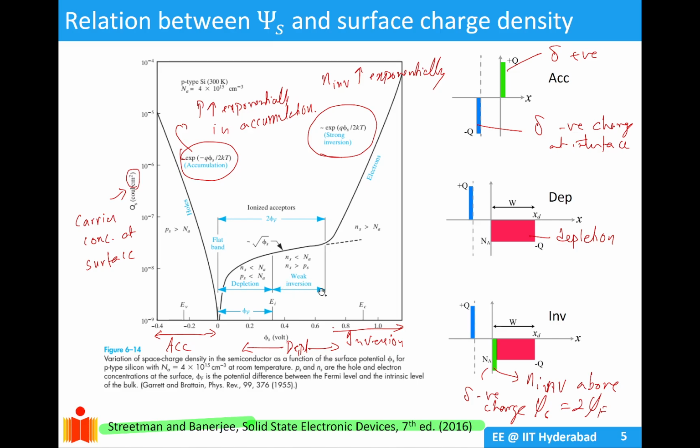Then there's a weak inversion region, that is from mid gap, from phi f to 2 phi f. That is called weak inversion. That is still a part of your depletion.